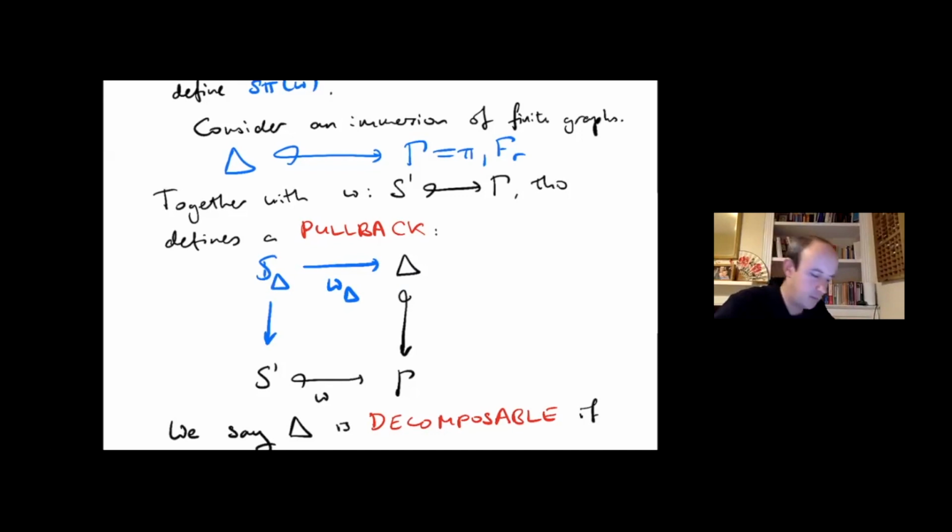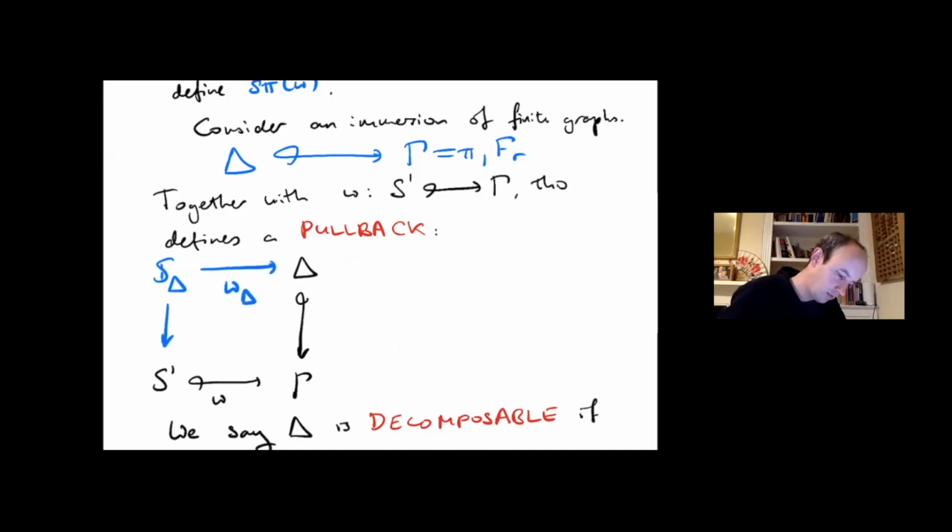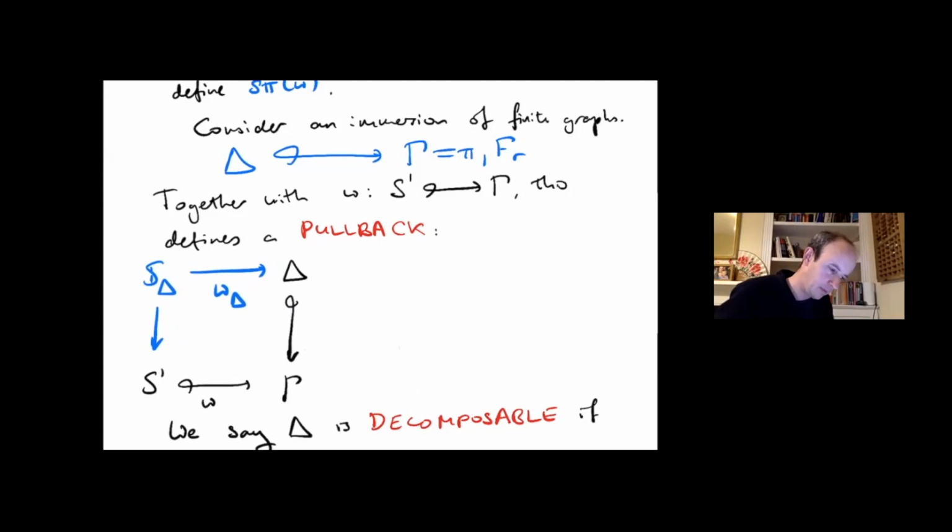Let me tell you how to define this. So actually, maybe I'll give myself a bit more room to define this guy. Okay. So I define it as follows. There's a thing called a fiber product, and the notation is S^1 cross delta over gamma.